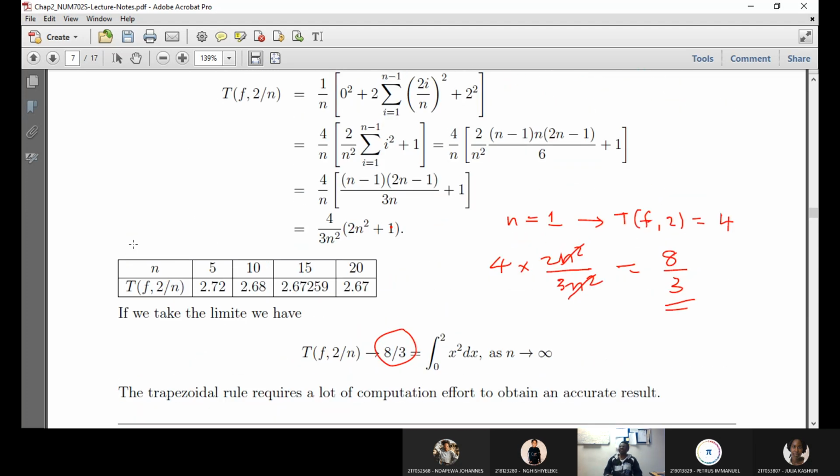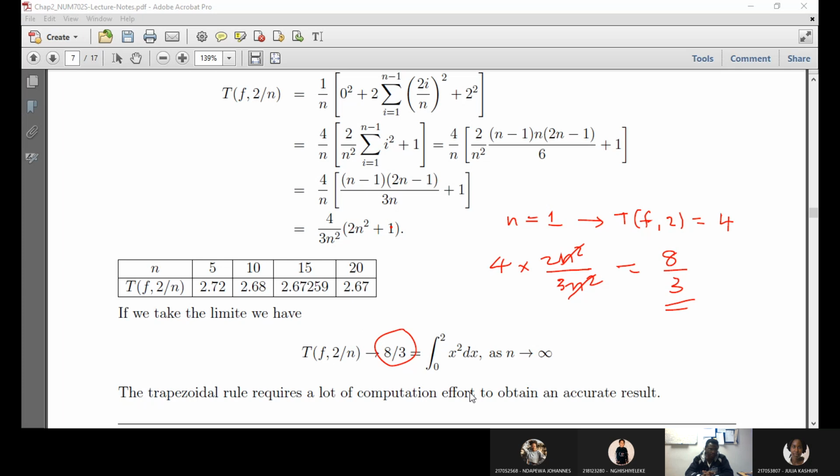Is it clear? Is there any question? I think let me stop here for now and make sure that you understand. Is there anything that I explained that you don't understand?